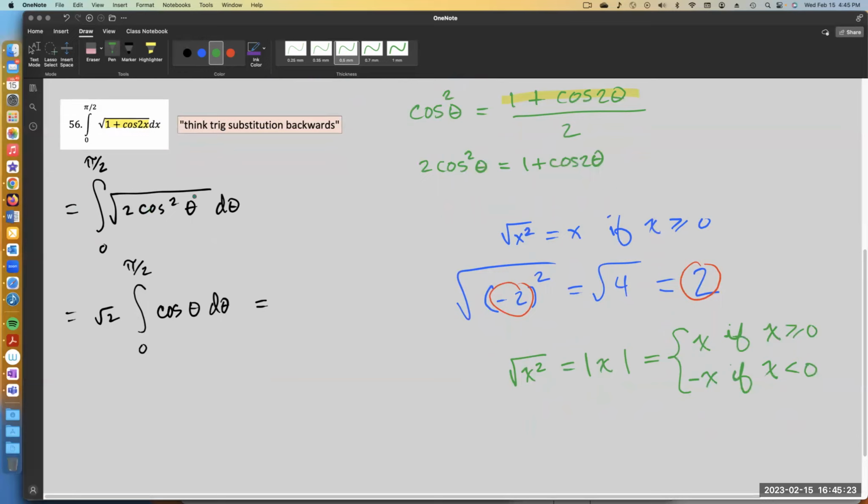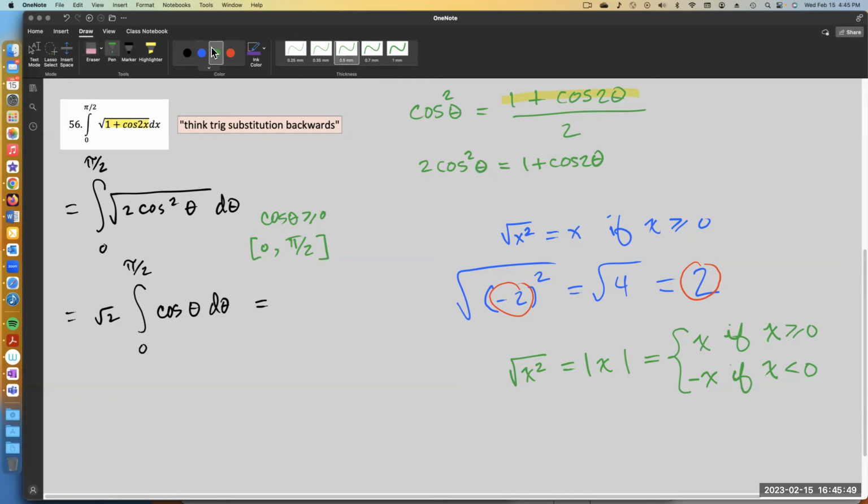So the only reason that this works here is because on this interval, 0 to pi over 2, isn't cosine positive? If theta is between 0 and pi over 2, do you agree?